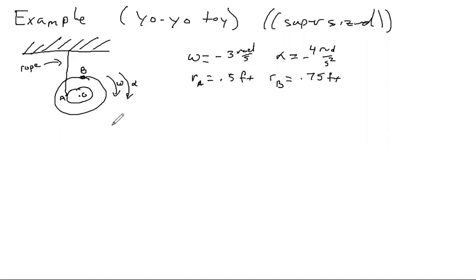All right, and the goal is to find the acceleration at point B, given that point G falls straight down.